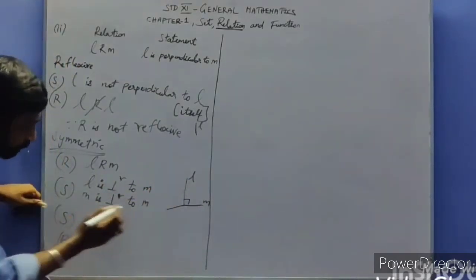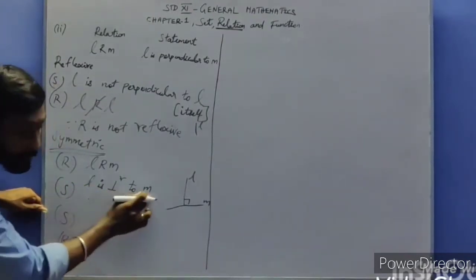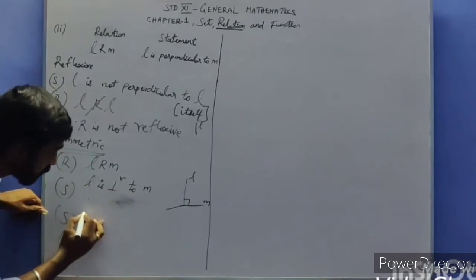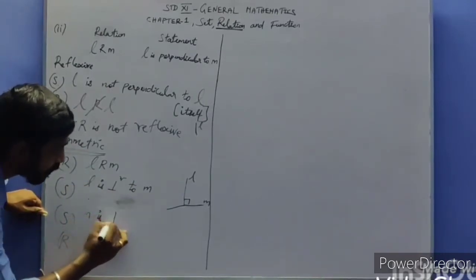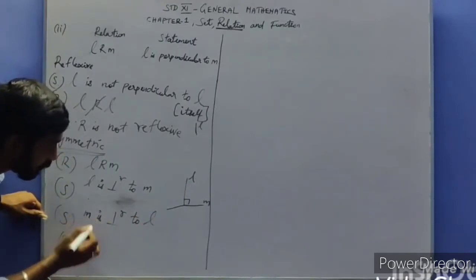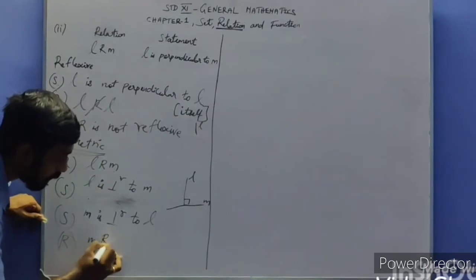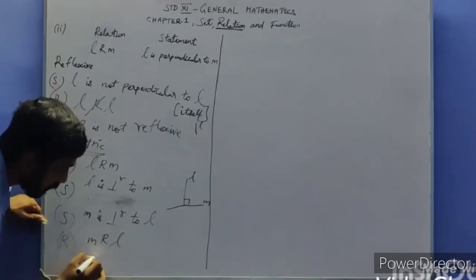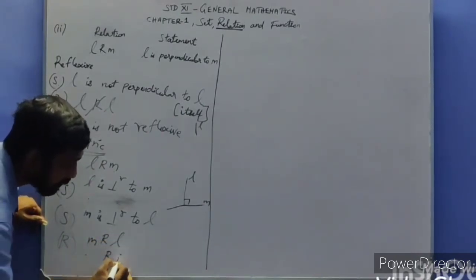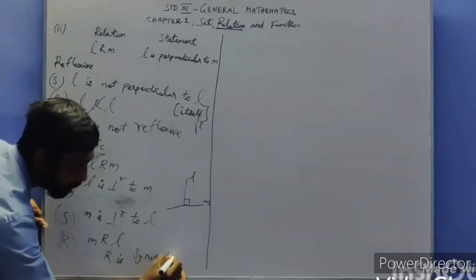So here L is perpendicular to M, the next statement is M is perpendicular to L. Then for the relation you have to write: L is perpendicular to M means M related to L. So therefore R is symmetric. It is an easy one, no?